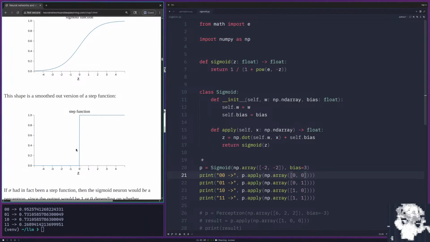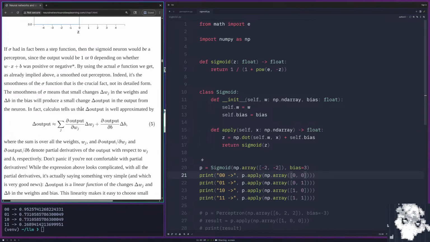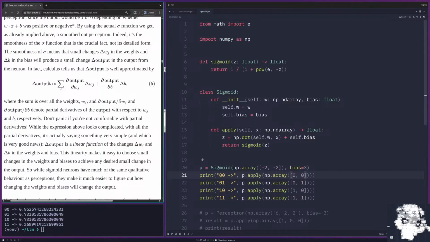Okay, so that doesn't really matter. So can I understand this thing? I'm also not so comfortable with partial derivatives.